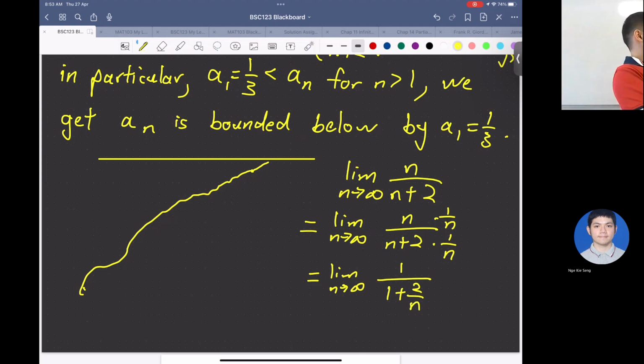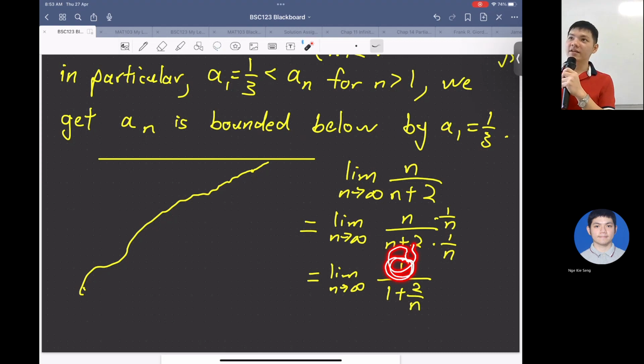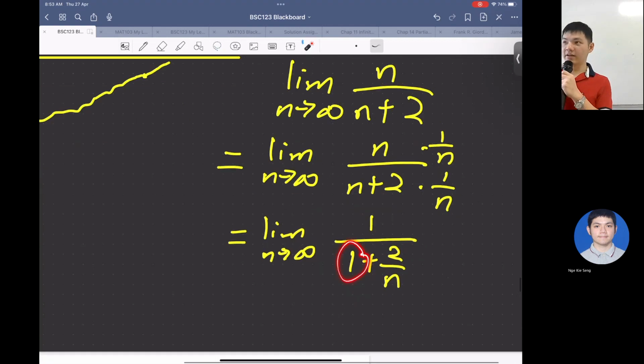These are a combination of convergent sequences, so you can use the properties of convergent sequences. The number 1 here is a constant sequence, so this constant sequence converges to 1. And 2 over n converges to 0. So you can split the limit out.